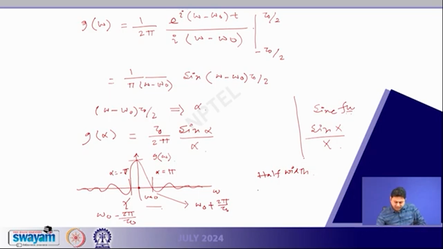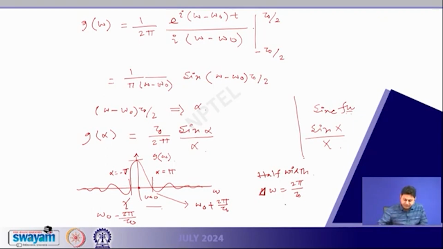That value is essentially delta omega equal to 2 pi divided by tau naught. This is the width of this spectrum.